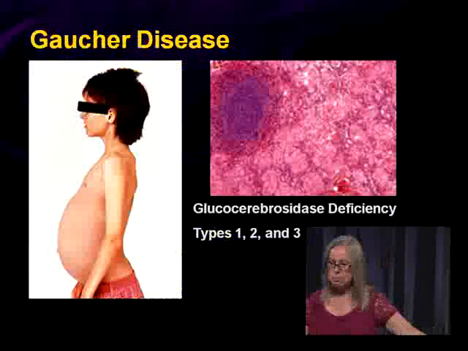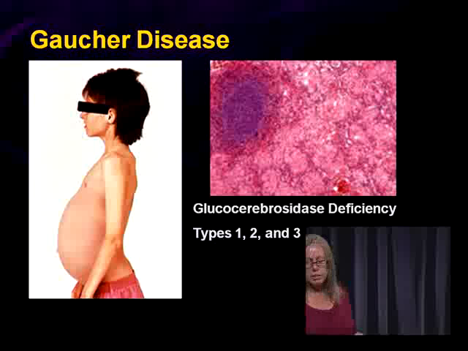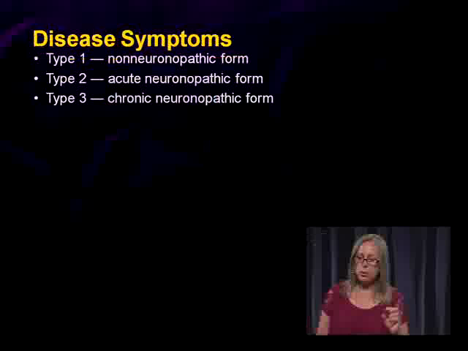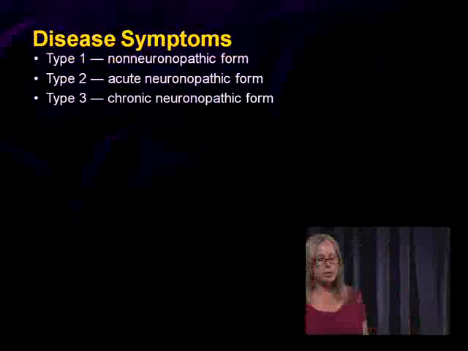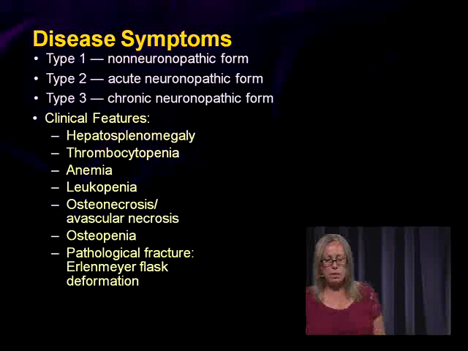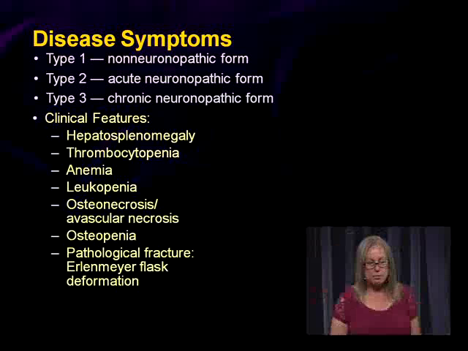Gaucher's disease is glucocerebrosidase deficiency, types 1, 2, and 3. Type 1 is the non-neuronopathic form. Type 2 is the acute neuronopathic form. And type 3 is a chronic neuronopathic form. Big liver, big spleen, low platelets, anemia, leukopenia.